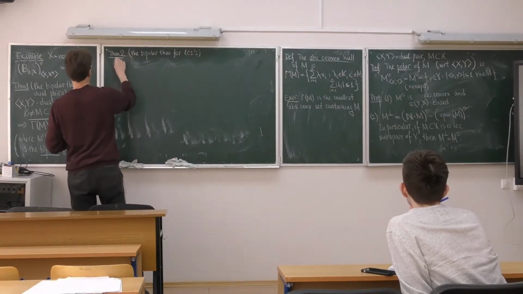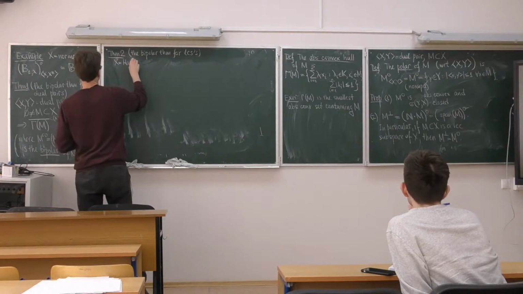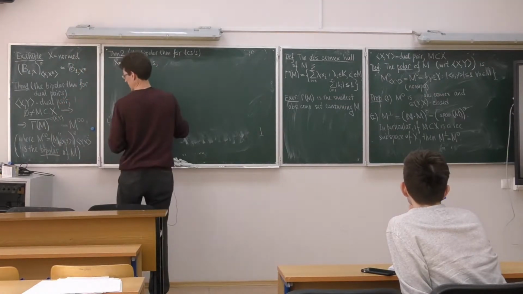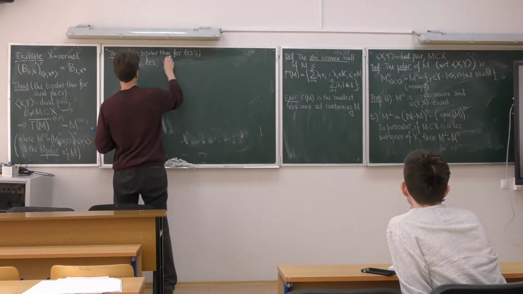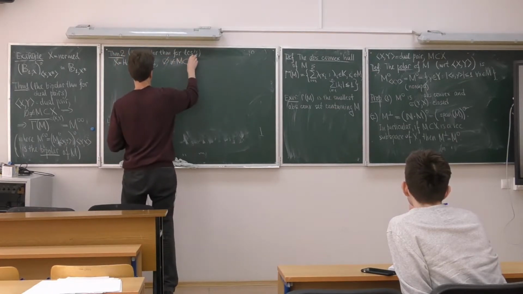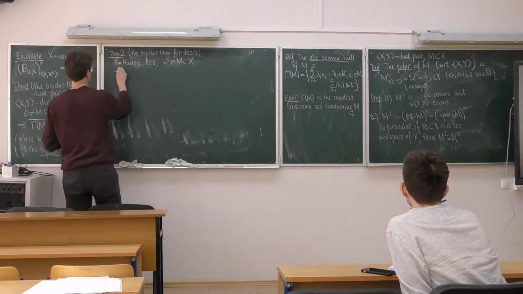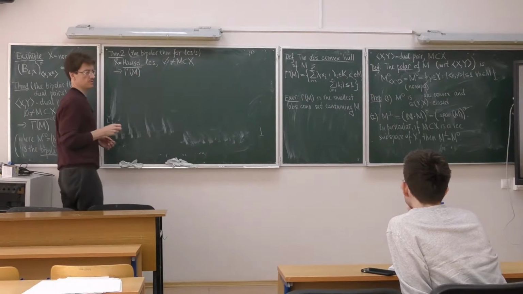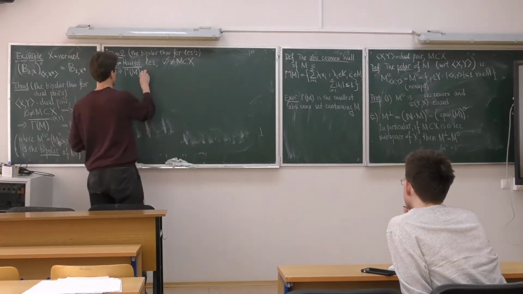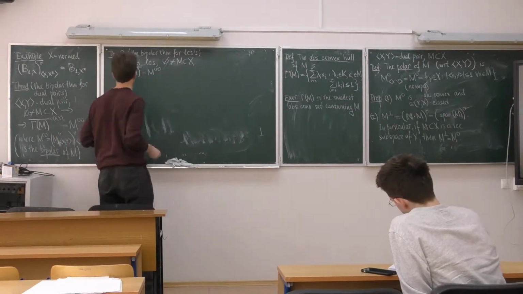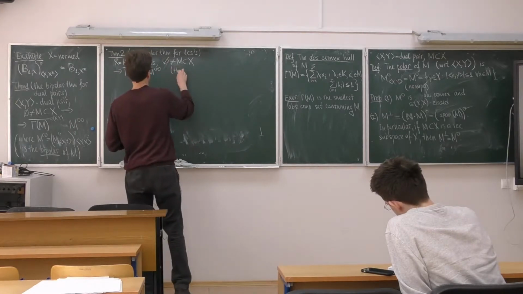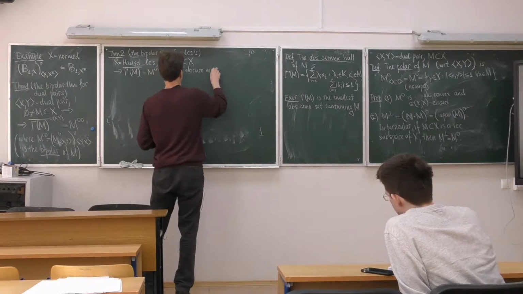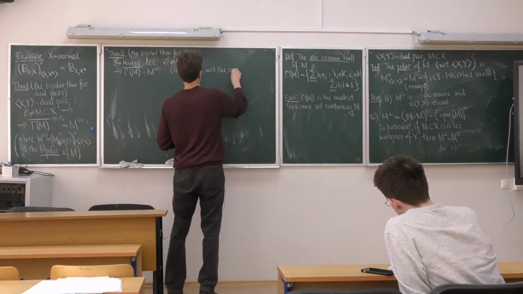If X is a Hausdorff locally convex space, and M is a non-empty subset of X, then the bipolar of M is equal to the closure of the absolutely convex hull of M for the original topology on X. Here we take the closure with respect to the original topology.